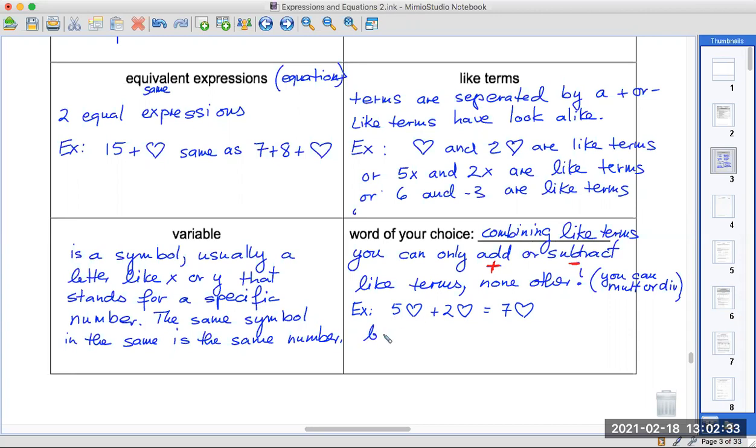But if you have 5 hearts plus the number 3, you cannot add them because they are not like terms.